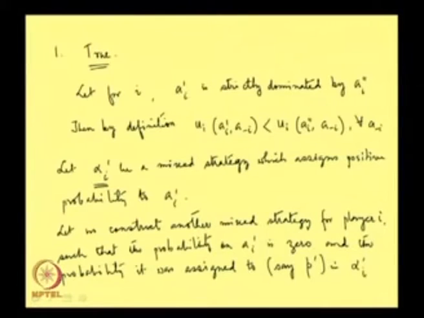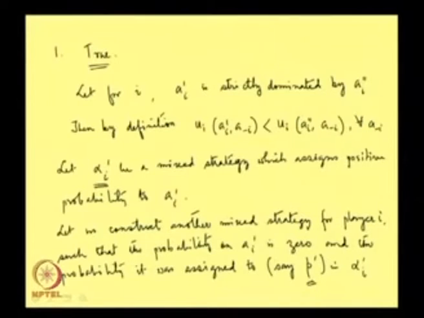So, essentially what we are doing is that we are starting with a mixed strategy of player I, which is denoted by alpha_i', and suppose the probability that a_i' was having in this alpha_i' was p', which is positive. Now, we want to prove that another mixed strategy is there which is strictly dominating this alpha_i', and this is the mixed strategy we are trying to construct.